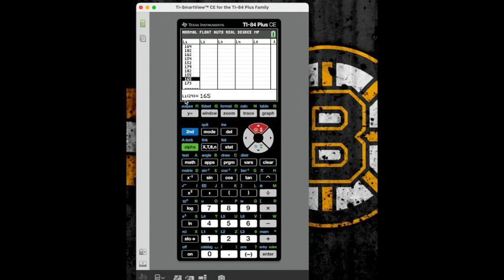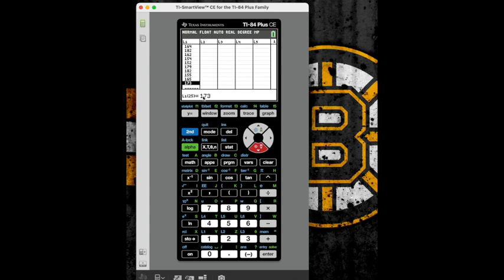This notation means the cursor is highlighted in the L1 list and you're sitting at the 24th entry. This is nice because if you highlight your last entry, you can see that it is 25, and that way you can check to make sure you got all your data values. If my last entry said 24 and I know I have 25 values, I know I missed one and I can go back and check.